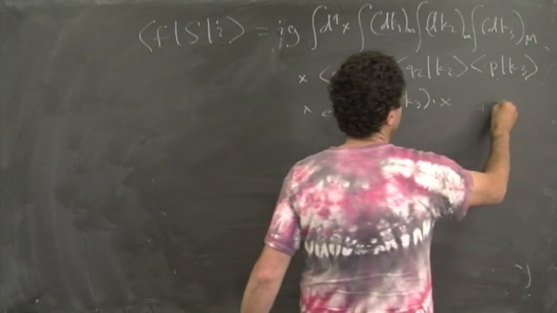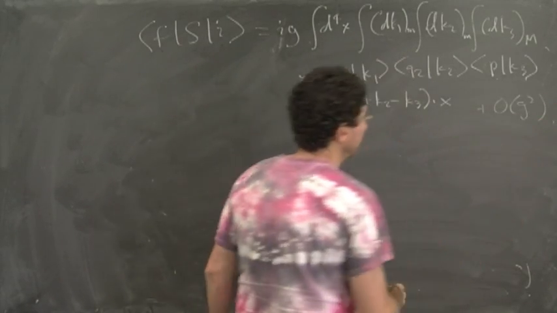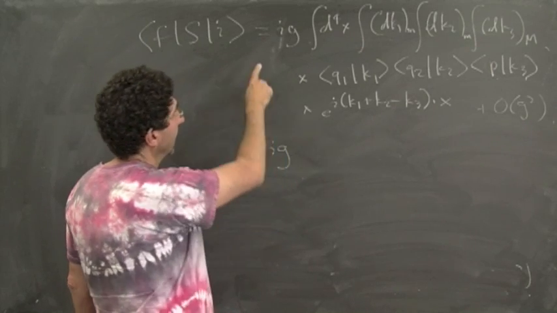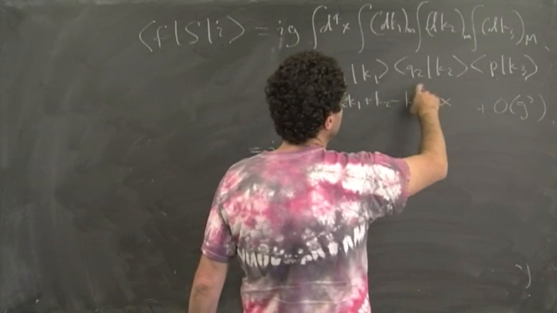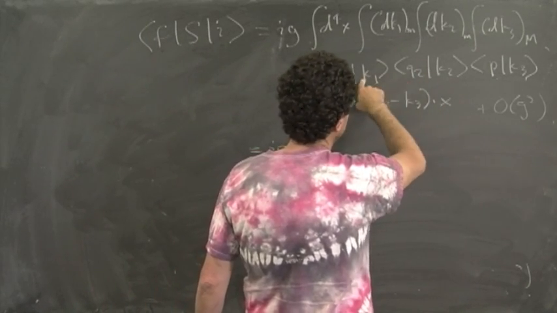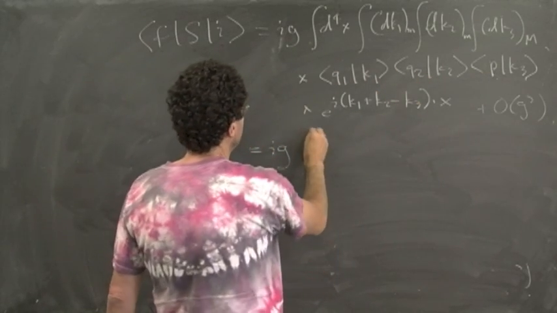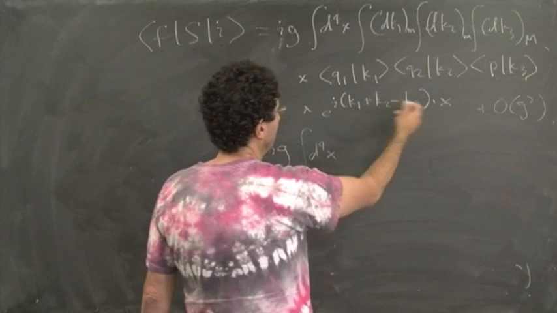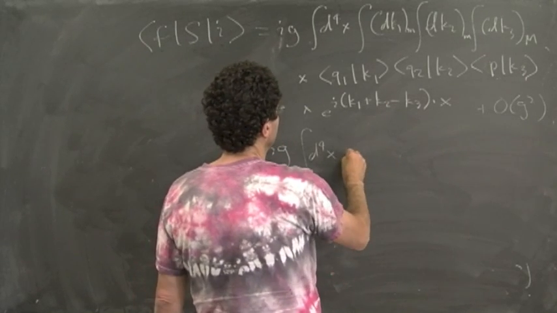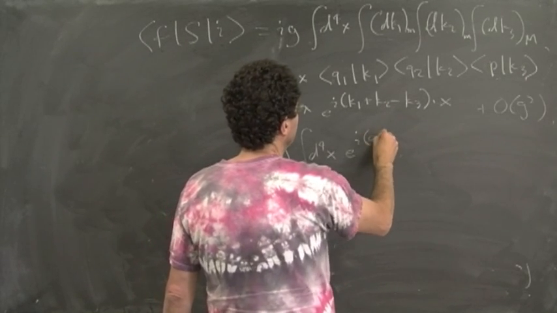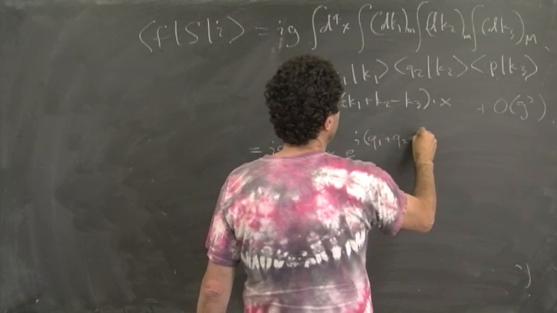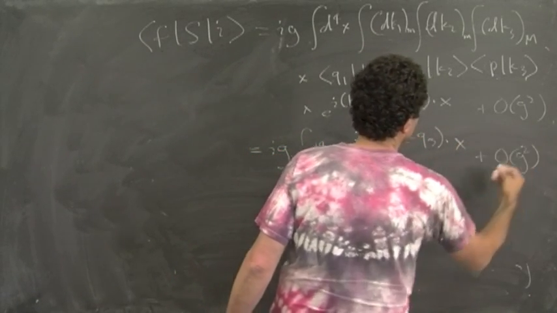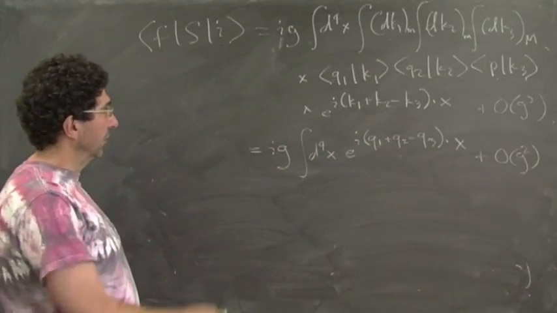And here I have order g squared terms. This is just the leading term. So I can do all the momentum integrals. What do I get? ig. K1 just turns into Q1, etc. And so I just have d4x. And then all I have left is this exponential, e to the i (Q1 plus Q2 minus Q3) dot x. And this is another integral that I know how to do.